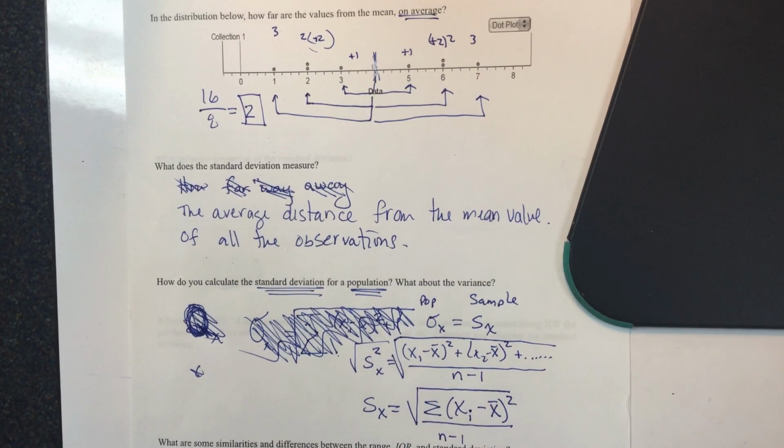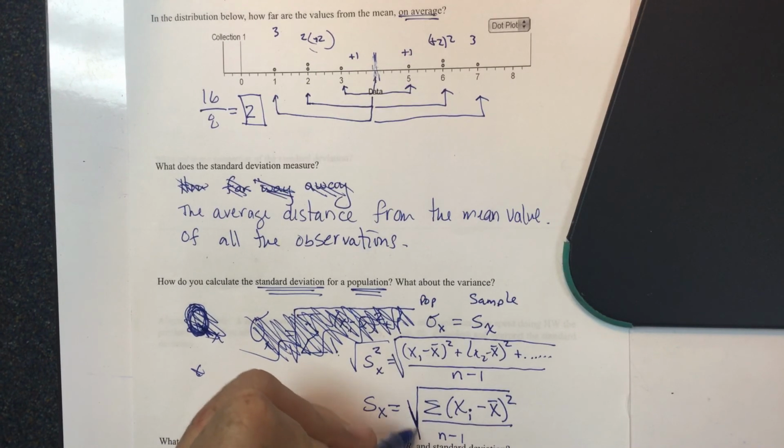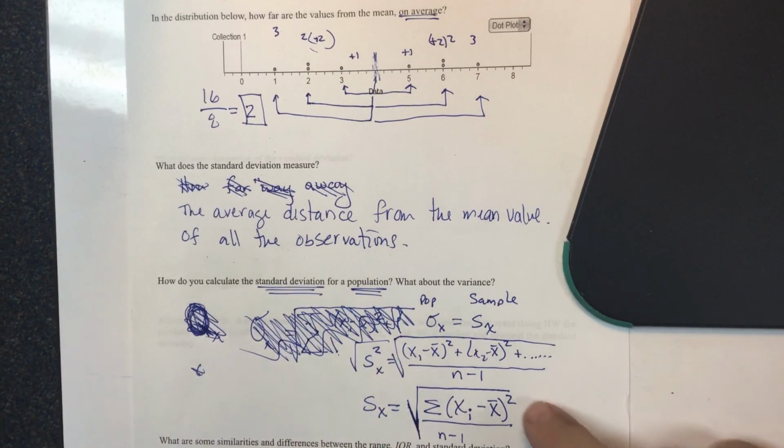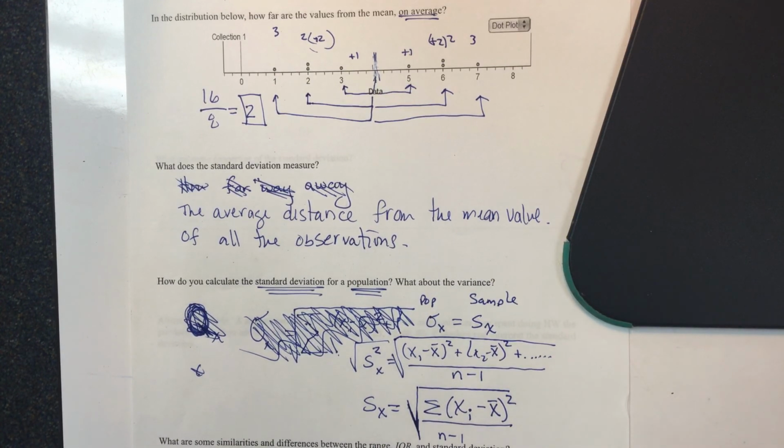Okay? So we end up with that little piece here. And don't forget to take the square root of that whole thing. All right? So we sum all those together, add them all together, divide by n minus 1, and then we have the standard deviation. So we'll work with that.